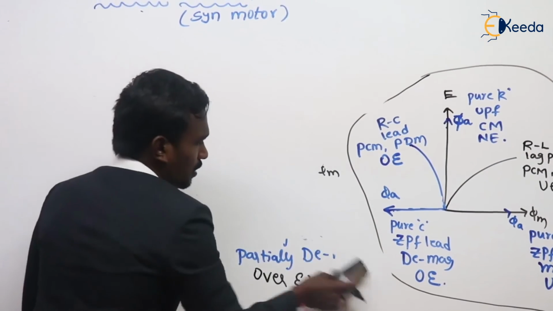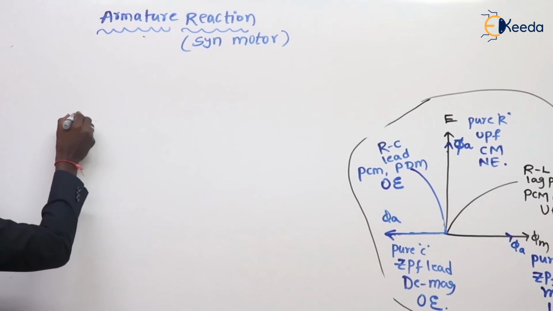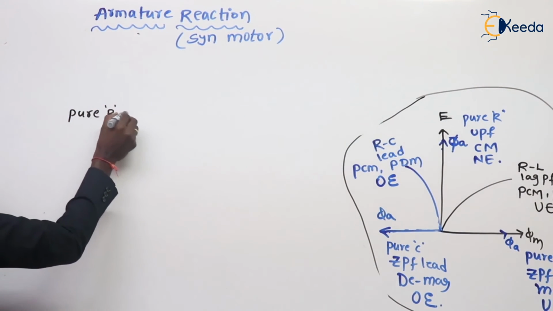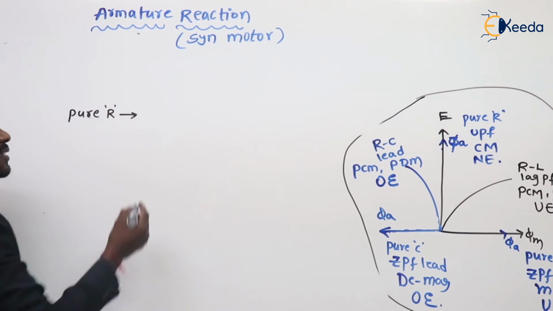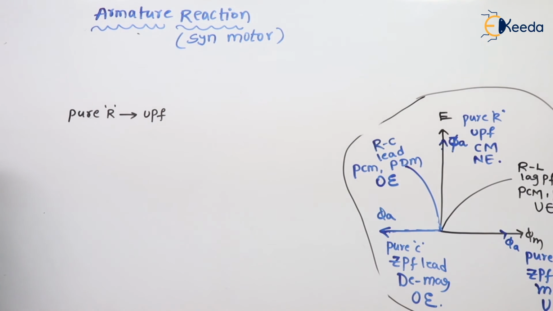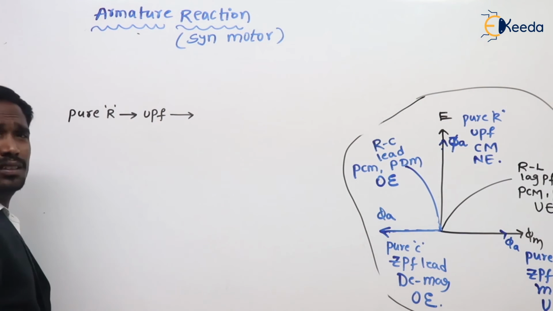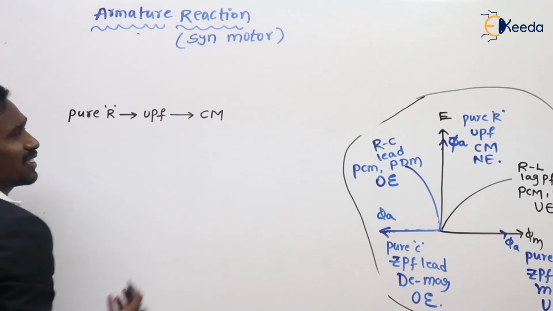For example, they will ask you a question. At pure resistive load, what is the power factor? Unity power factor, yes or no? What is the armature reaction? Cross magnetization.